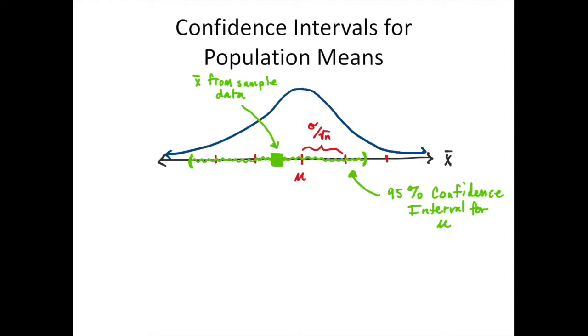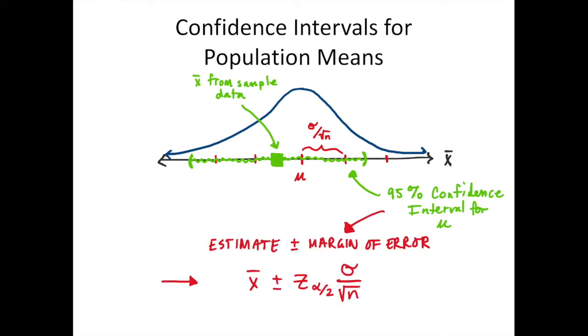So it's stretching out 2 standard deviations of the sampling distribution. It should contain the true unknown population mean mu.